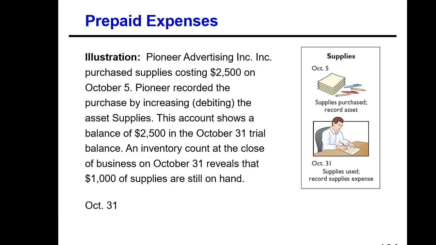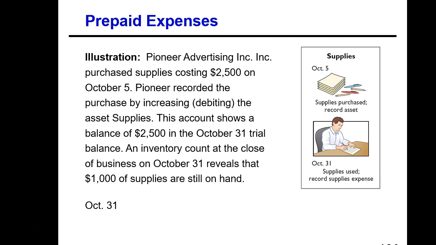So initially we bought supplies and we paid $2,500. At the end of the accounting period, we have supplies remaining in the amount of $1,000. Therefore, some of our supplies have been used during the course of the accounting period. Once supplies have been used, that cost now becomes an expense.